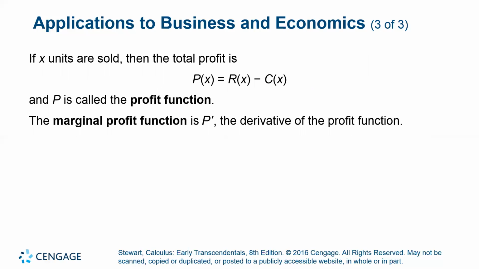And then we also call capital P of X the profit function, and profit is the revenue function minus the cost function. That gives me the profit function. So the marginal profit is P prime, the derivative of the profit function.